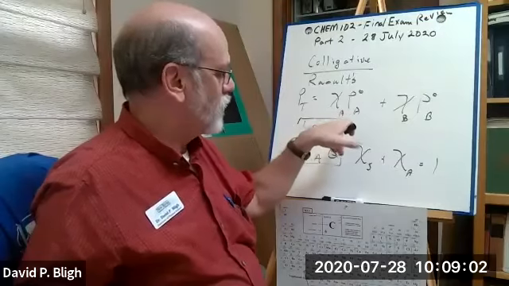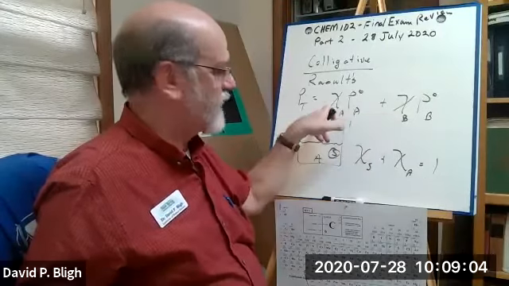Say it's only two components, keep it simple. It would be the pure vapor pressure of A and the pure vapor pressure of B. Then you would need the mole fraction of A. Of course, if they're the only two components in there, then this would be 1 minus that one, or this one would be 1 minus that one.